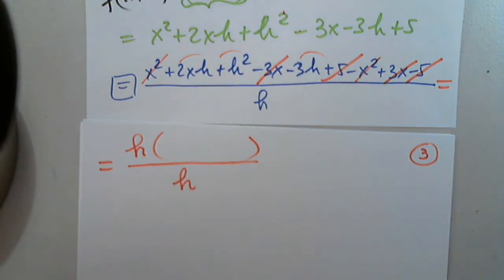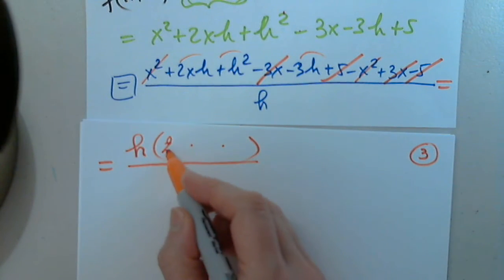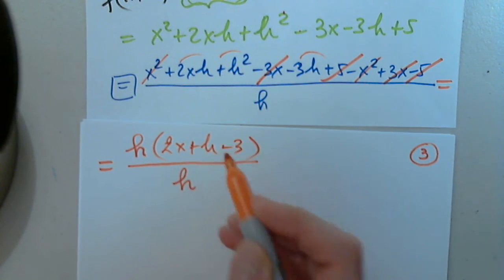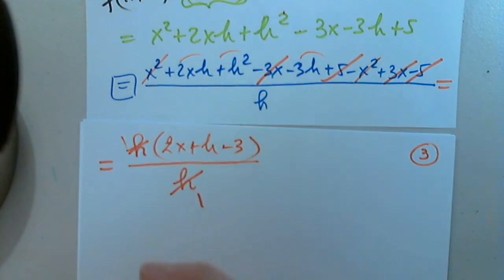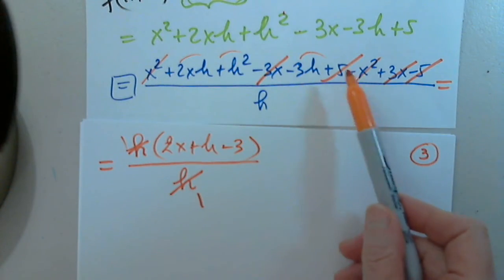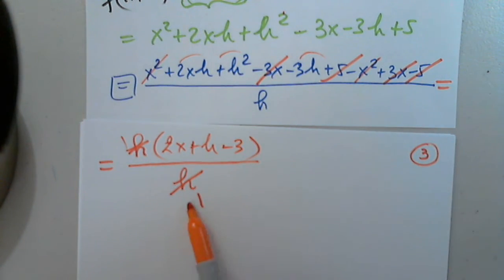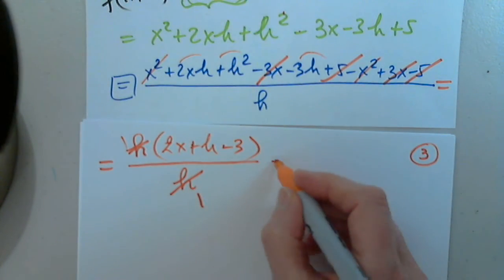Please show that you factor it out first. And now, what is left in parentheses? I have 3 terms. I have to have 3 terms here. 2x plus h minus 3. Excellent. Thank you, Sarah. Now, this is the second thing that has to happen in this particular order. All terms without h go away, and then h from the denominator goes away, and this is final.